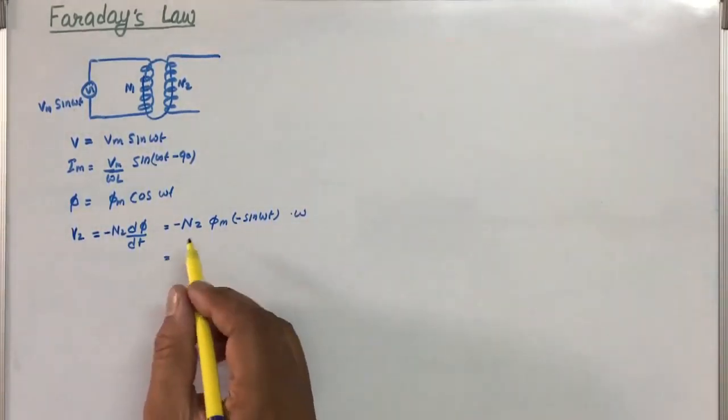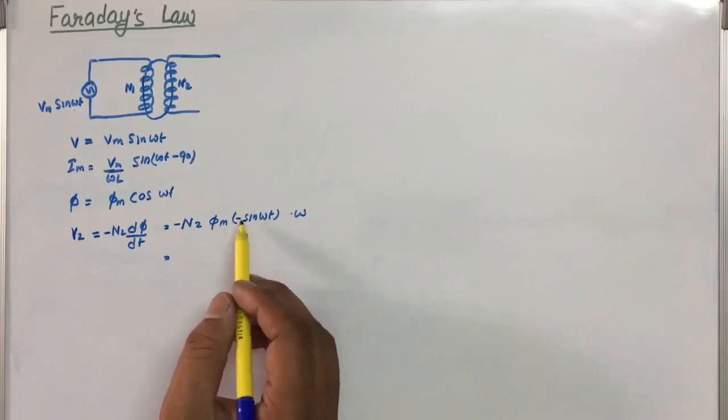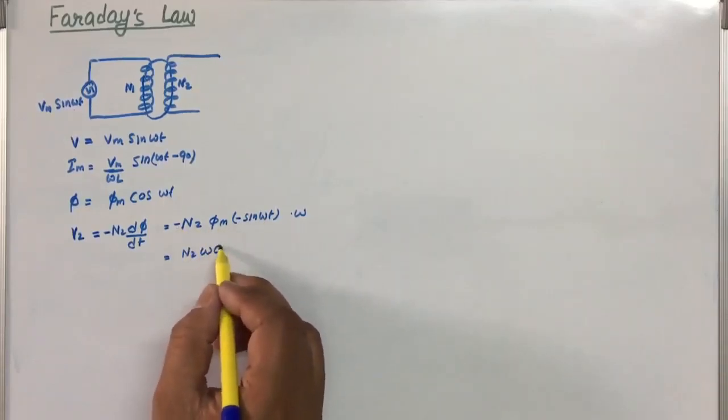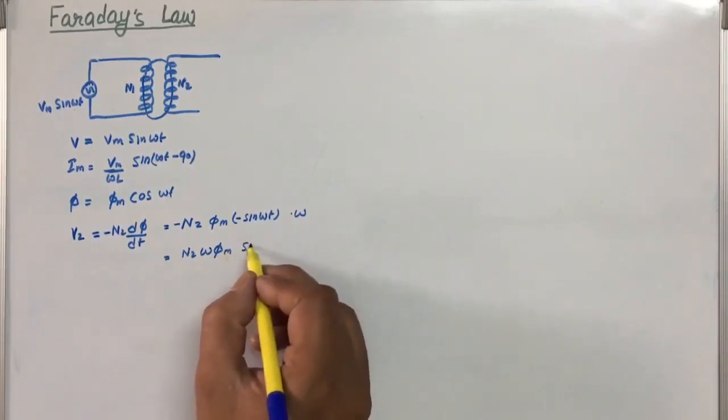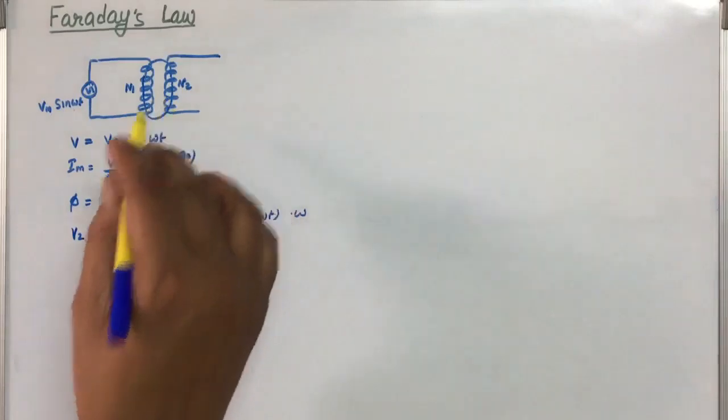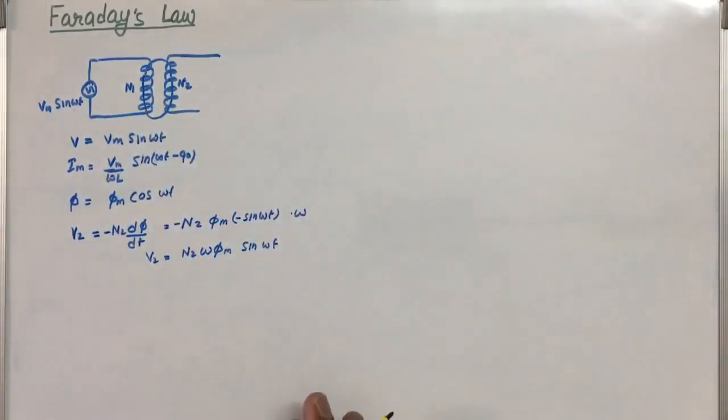So if we simplify, this minus and this minus will become plus phi m omega sine omega t. This will be the EMF induced in the secondary winding of the transformer.